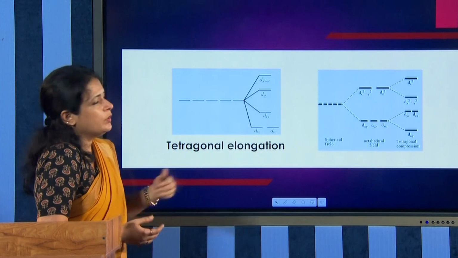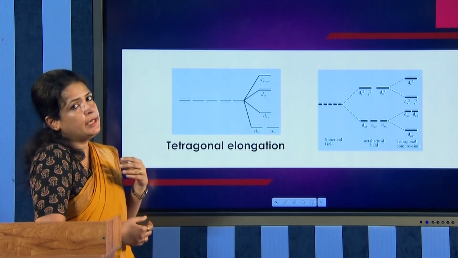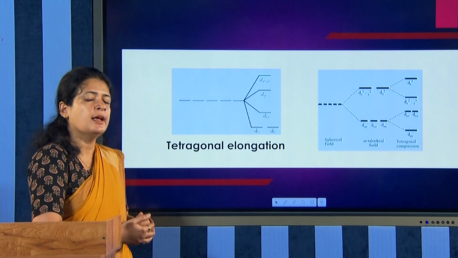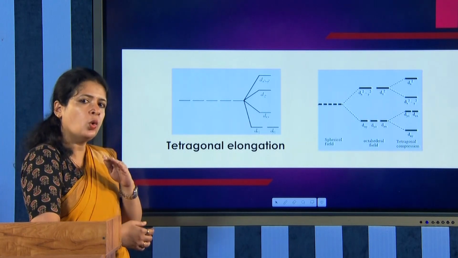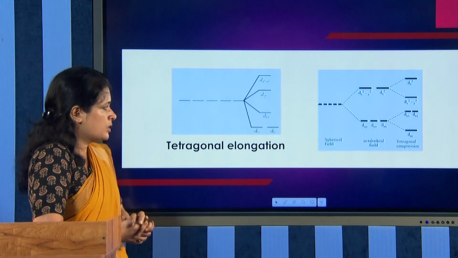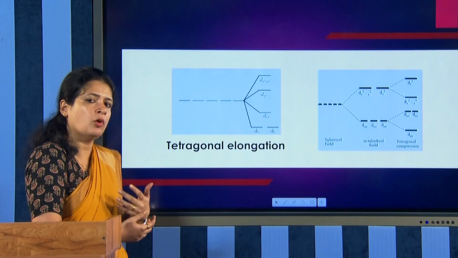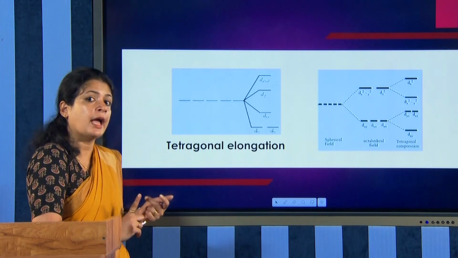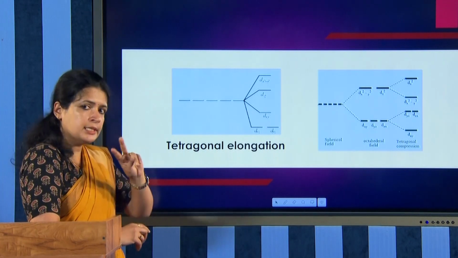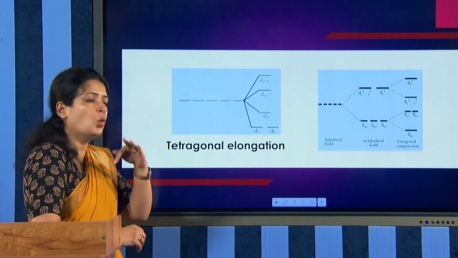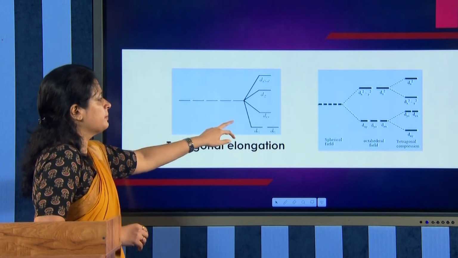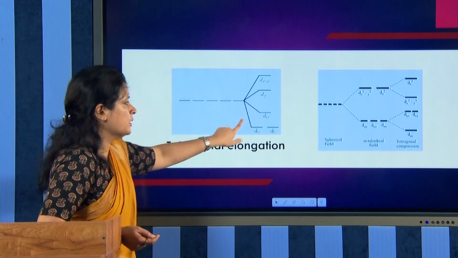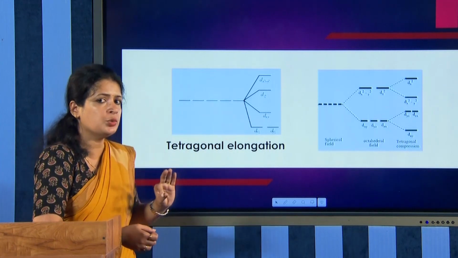In that case, the orbitals which are lying along the z-axis will be experiencing a lower repulsion. Which are the orbitals that lie along the z-axis? It is dxz, dyz and dz square. So, these 3 orbitals will have a lower energy. This is the crystal field splitting. Here you can see the T2G orbitals. How many T2G orbitals are there?